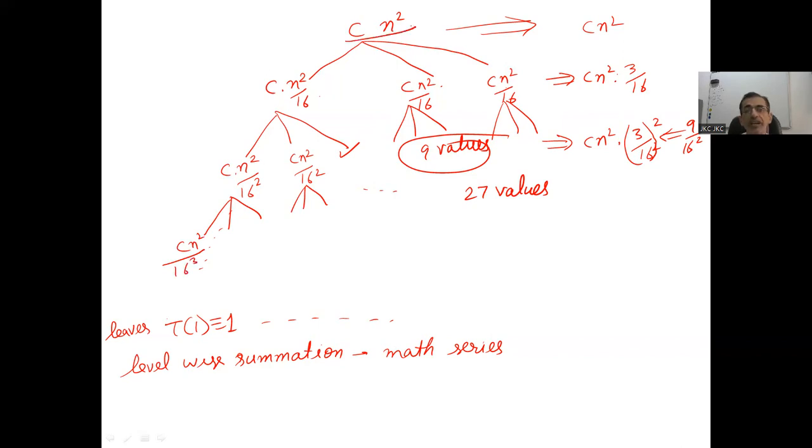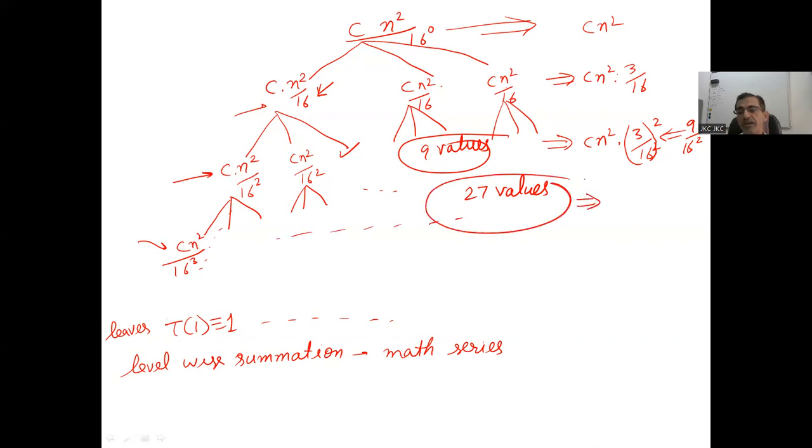You can see here it was Cn square divided by 16 raised to 0. Then Cn square by 16 raised to 1. Next level was Cn square divided by 16 raised to 2. Next level will automatically come as Cn square divided by 16 raised to 3, and there will be such 27 values.